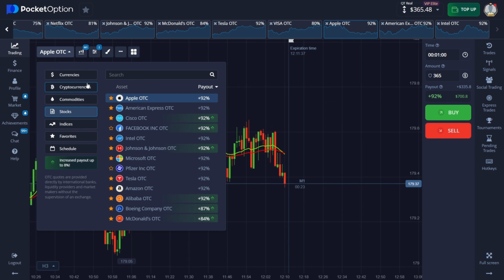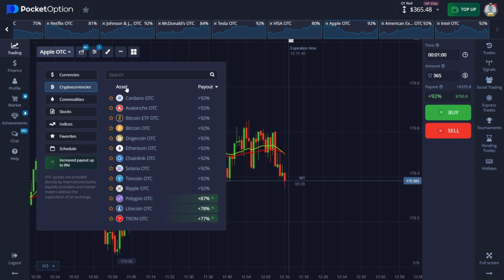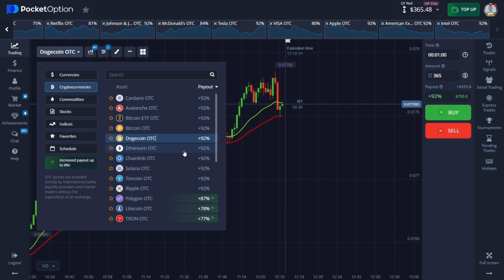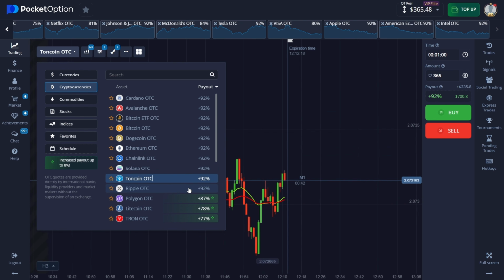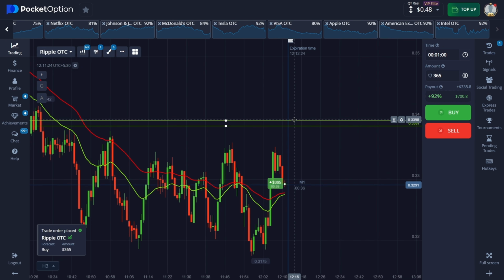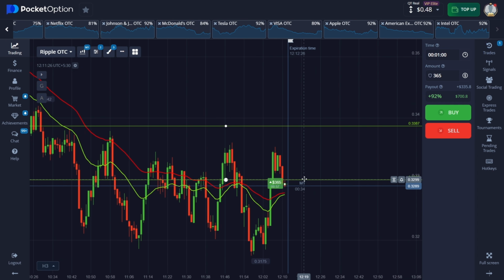Let's check cryptocurrencies. On Ripple, I found a trade for the upside move, so I placed a $365 trade for the upside.